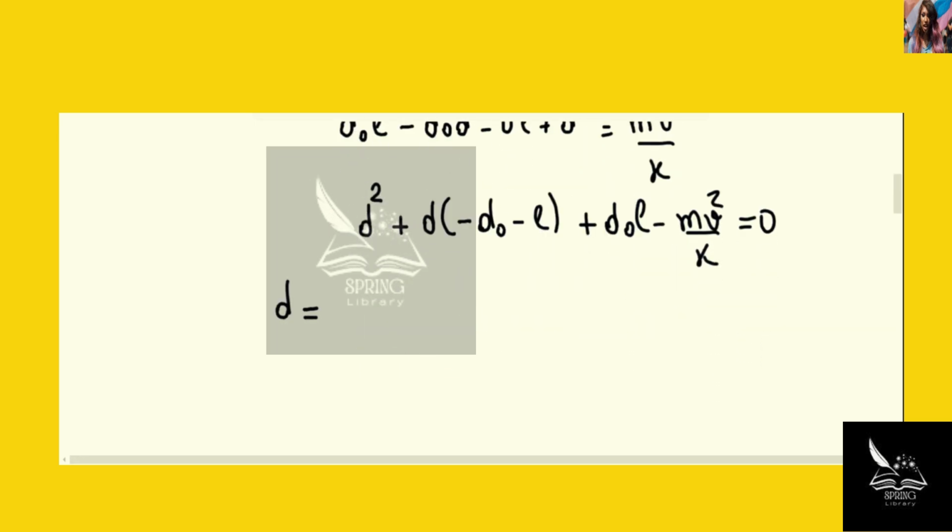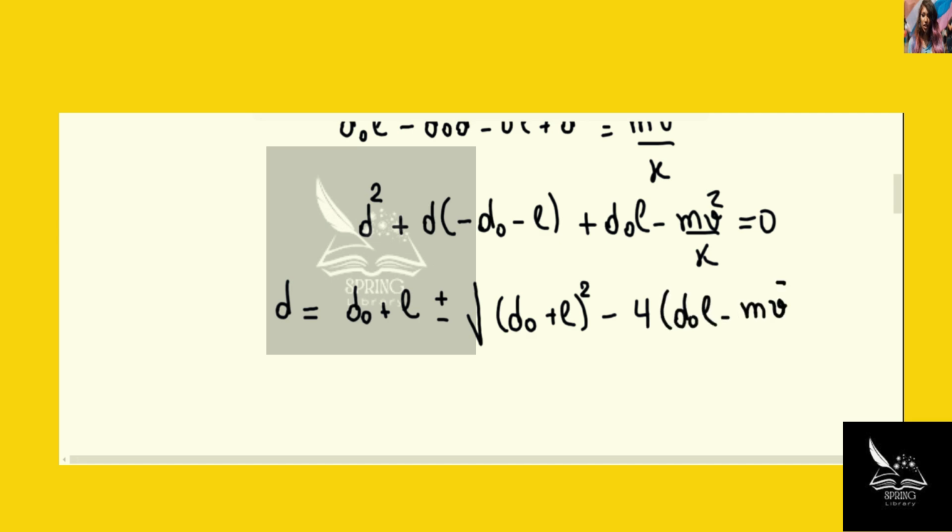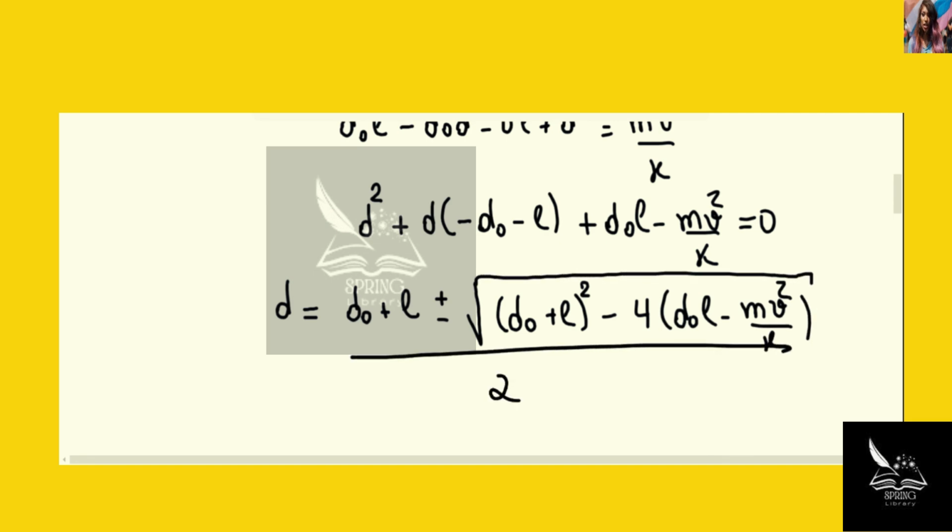Now, we can use Bhaskara in order to solve this for d, so we have that d is equal to minus b, that's d0 plus L, plus or minus the square root of b squared minus 4 times a, which is 1, times c, and that is d0 L minus m v squared over k, divided by 2.